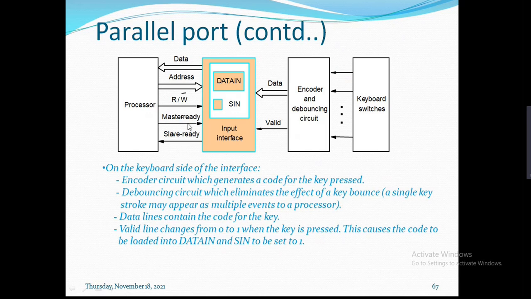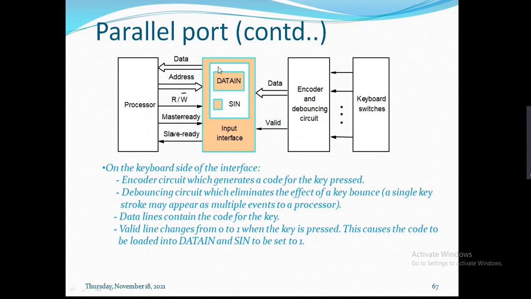At the same time it informs the particular device that the master is ready, indicating that the address and the request, read or write operation, are placed on the bus. Once it is received, the keyboard immediately identifies itself and reads the request. Whatever data it has is placed onto the buffer, and from the buffer the processor is going to read the data.